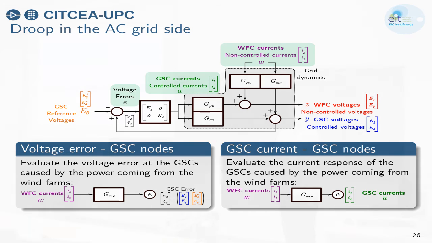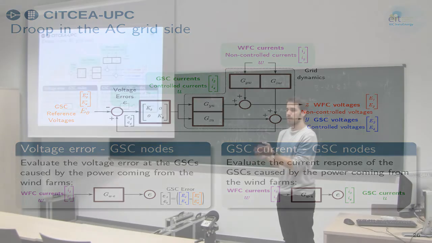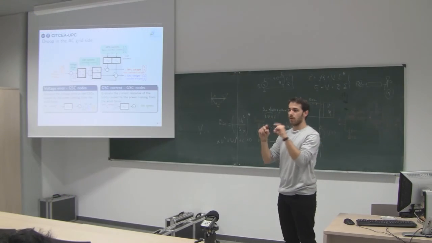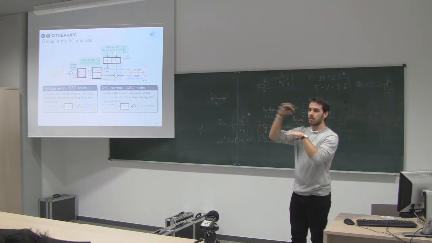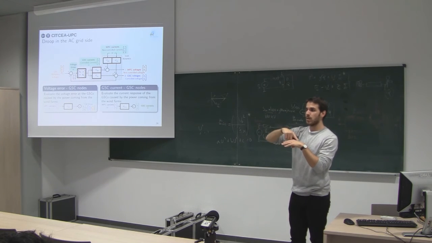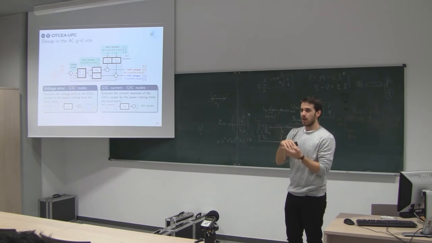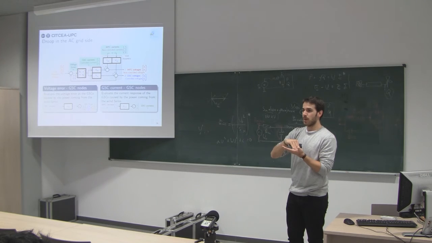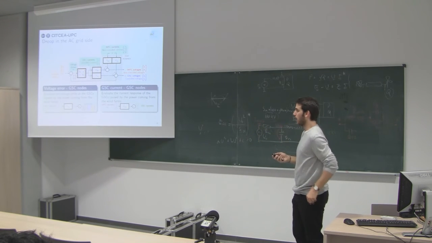I can move them up or down, and this will change the maximum steady state error, the maximum dynamic error, and also the maximum current that will flow through my converter. So everything was a bit linked.